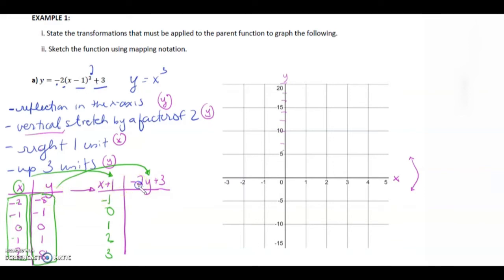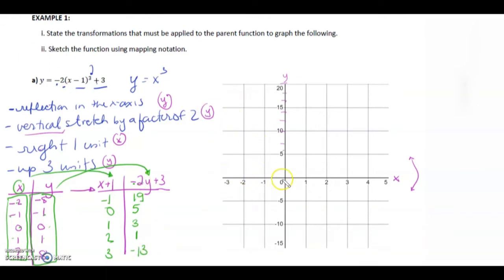So -2 times -8 is 16, plus 3, I get 19. -2 times -1 is 2, plus 3, I get 5. 0 plus 3, I get 3. So subbing in 1, I get -2 plus 3, which is 1. And subbing in 8, -16 plus 3, I get -13.